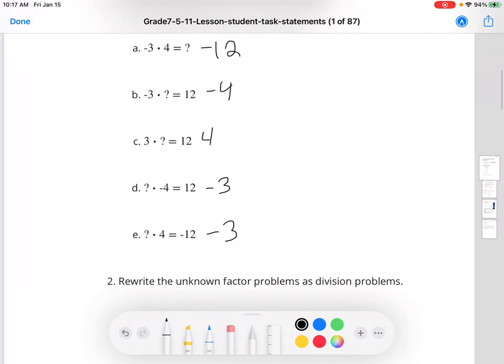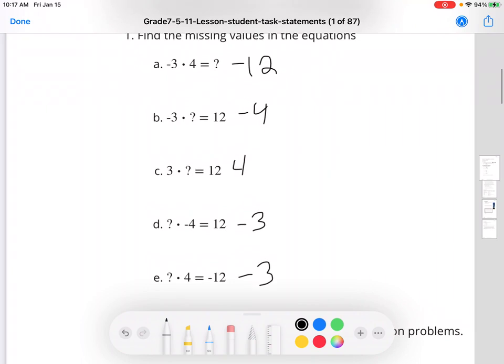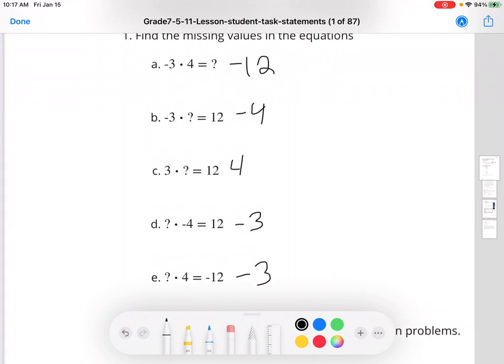Number 2 wants you to rewrite the unknown factor problems as division problems. We don't have a number here, so we can't actually write the division problem without the answer.